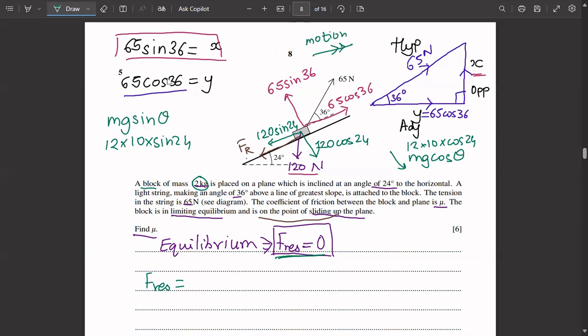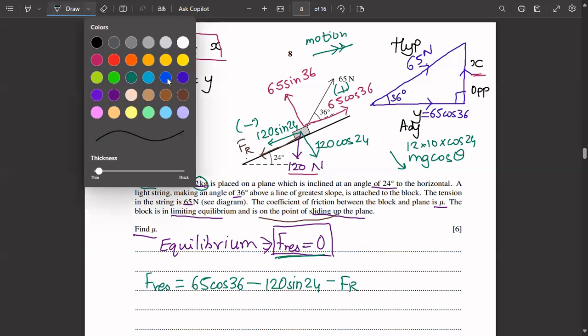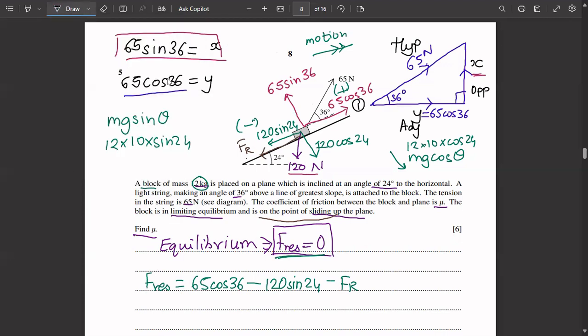So this will be considered positive direction and this will be considered negative. So the positive is 65 cos 36 minus 120 sin 24 minus FR. So this is the first force that is acting to the right, this is the second force, this is the third force.